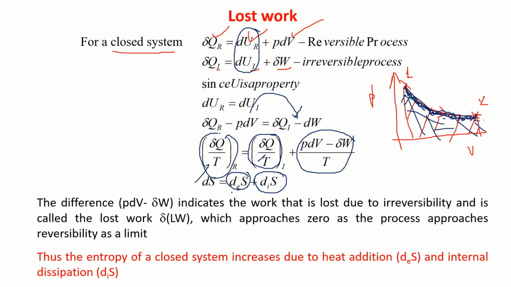This I call it as lost work. So the difference PdV minus delta W indicates the work that is lost due to irreversibility and is called lost work, which approaches zero as the process approaches reversibility as a limit. Thus the entropy of a closed system increases due to heat addition, that is one, and internal dissipation is this one.